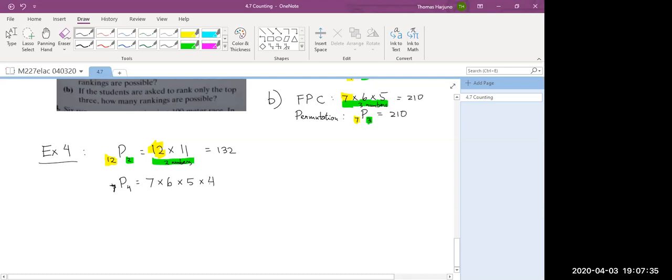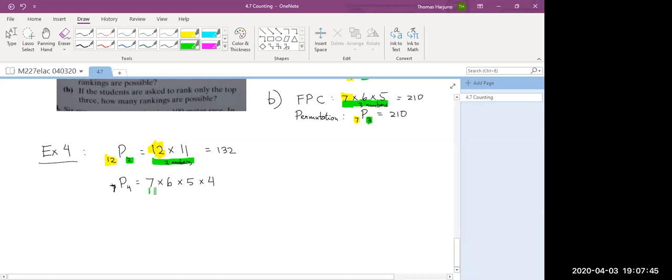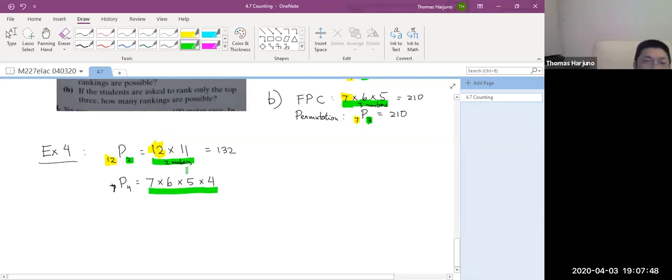Are you sure? How many numbers do I need? Oh, down to 4 only. We stop at 4. That's right. I start from 7, and I go 4 numbers. So this is equal to 210 times 4, that's 840. Of course, if the number gets larger, you may be better off just using a calculator.